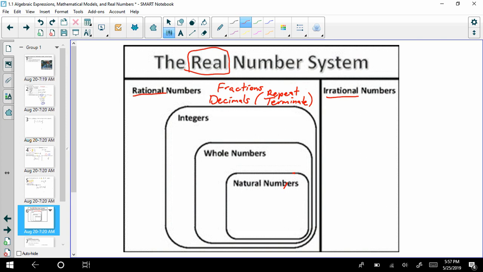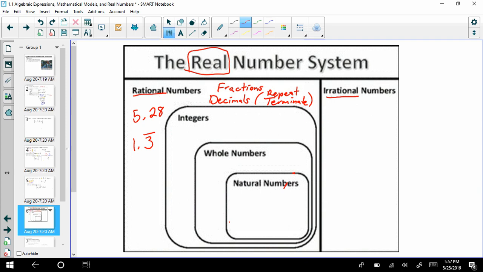So an example of a rational number could be, I don't know, 5.28. Yes, it's a decimal, but it does stop. Another example of a rational number could be 1.3 repeating. Yes, it's a decimal, it repeats, that's okay.